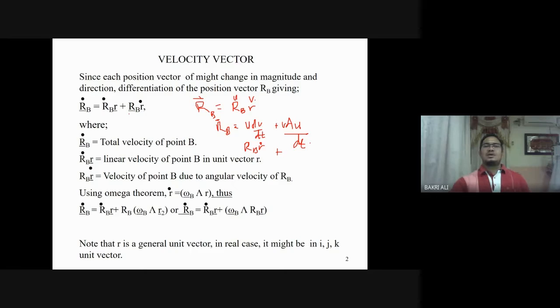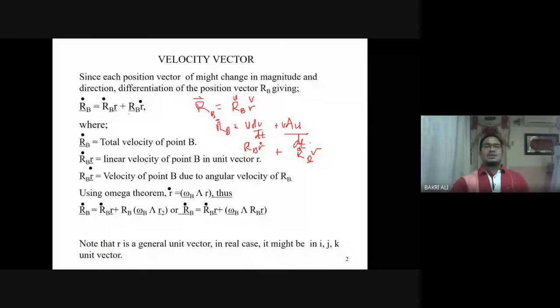Here v is r, the unit vector, and u is RB dot, which is the velocity. So the velocity of RB in whatever unit vector, we can put r in front. That is how we get RB dot equal to RB dot r plus RB r dot.